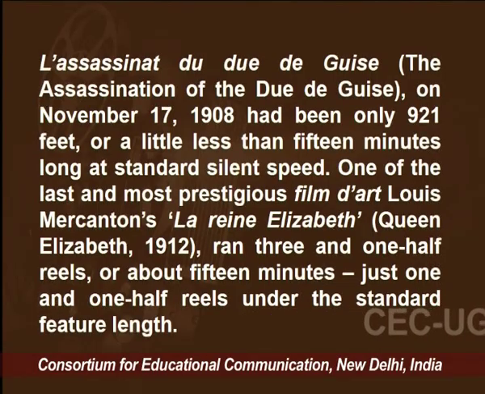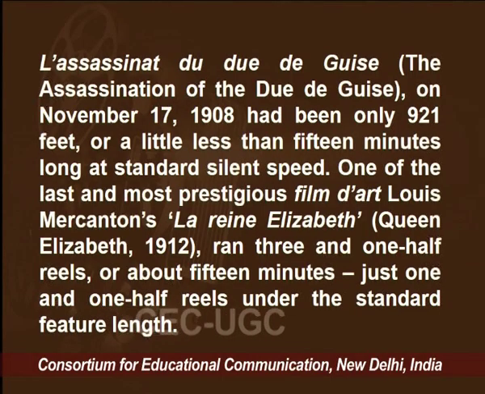You remember we were talking about one reeler or two reeler. Now, this film, The Assassination of the Duc de Guise, on November 17, 1908, had been only 921 feet, or a little less than 15 minutes long at standard silent speed.